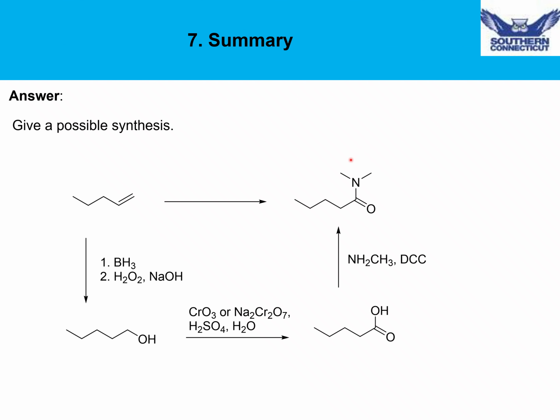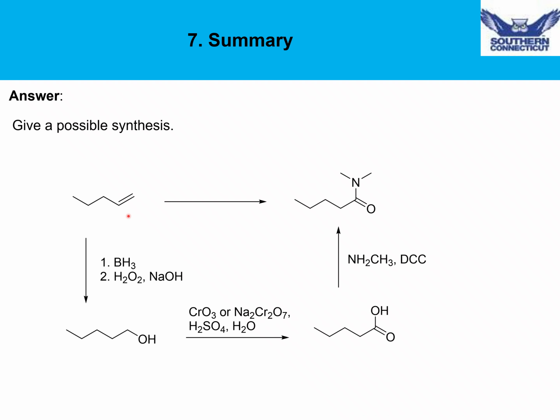In this synthesis, we want to make an amide, which we can make from a number of acid derivatives, including carboxylic acids. And as we know, carboxylic acids are products of the oxidation of primary alcohols. And primary alcohols, we learned earlier this semester, can come from alkenes.